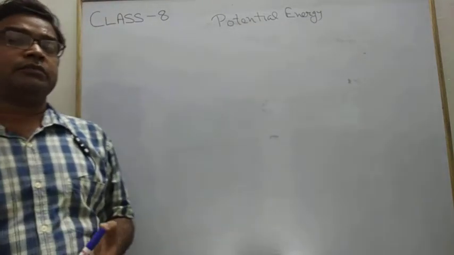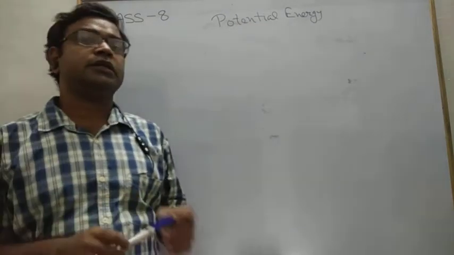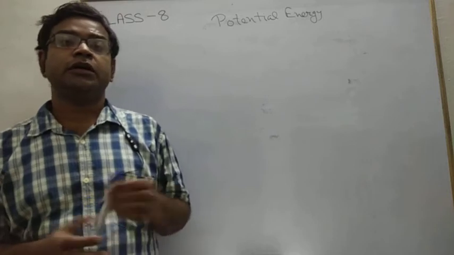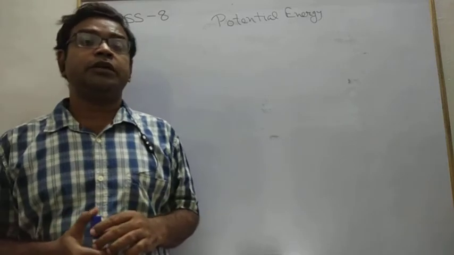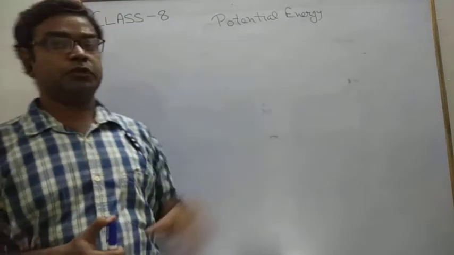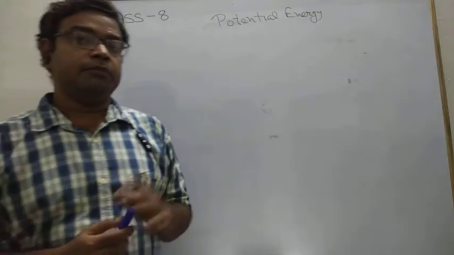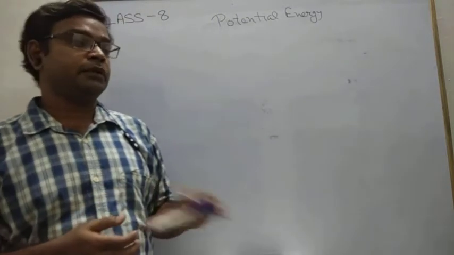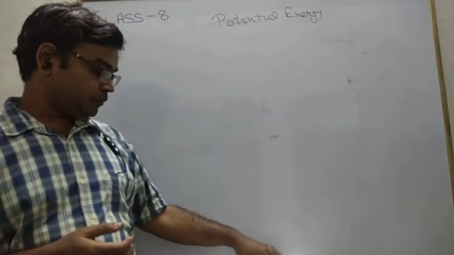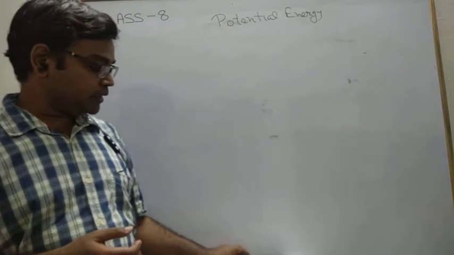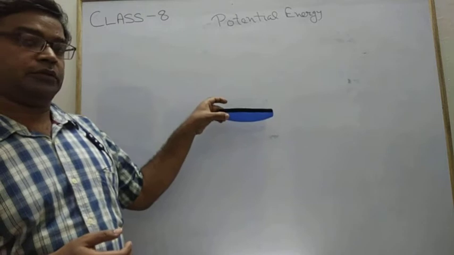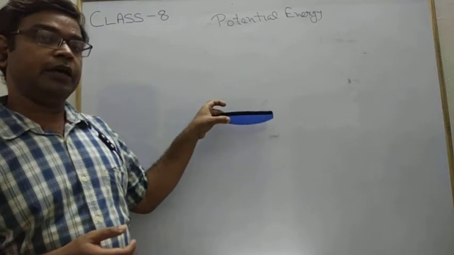Potential energy is a type of energy which is present in a body due to its position. Potential means position. In this case, we consider potential as a position. For example, suppose we are raising this duster up to a height. Then what do we have?